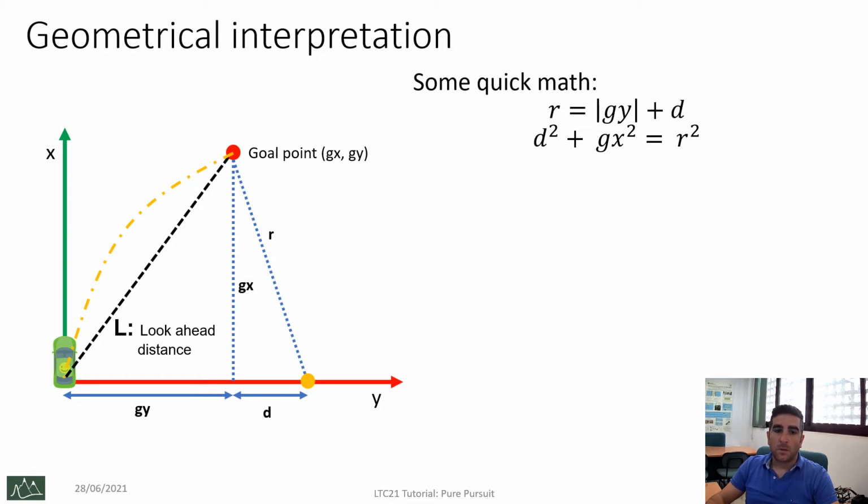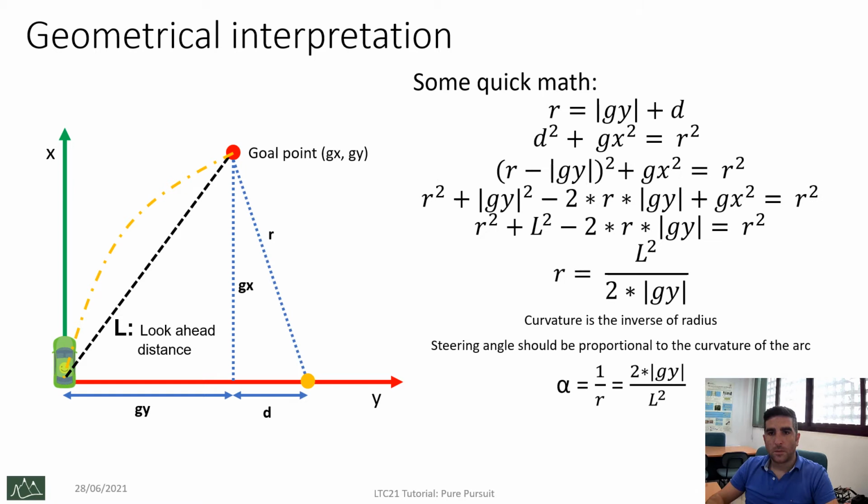These two equations are obvious. r is the absolute value of gy plus d, and d squared plus gx squared is equal to the radius squared. Then just substitute d as r minus the absolute value of gy, and then solve the equation for the value of the radius. The curvature is the inverse of the radius, so the steering angle should be proportional to the curvature of the arc.